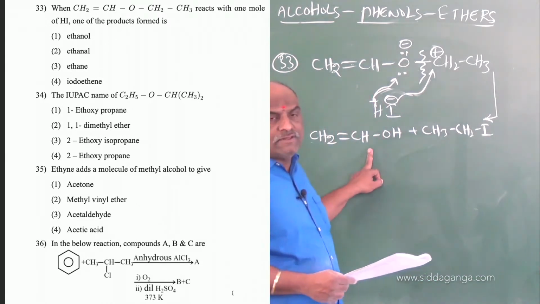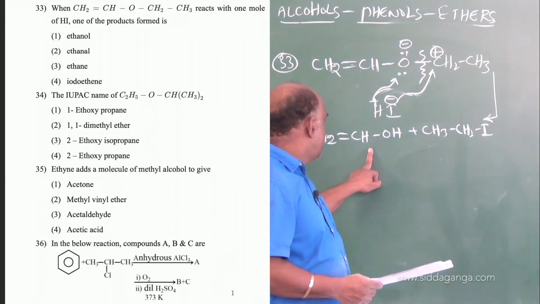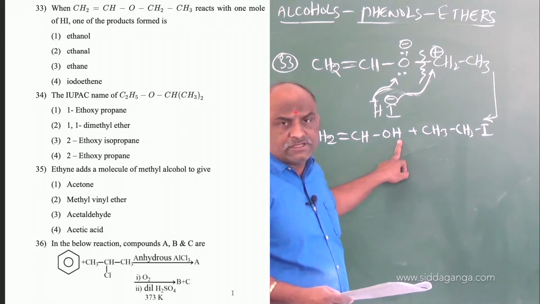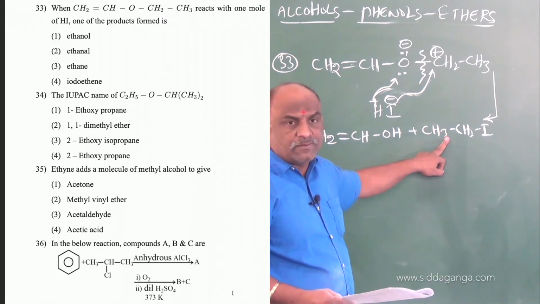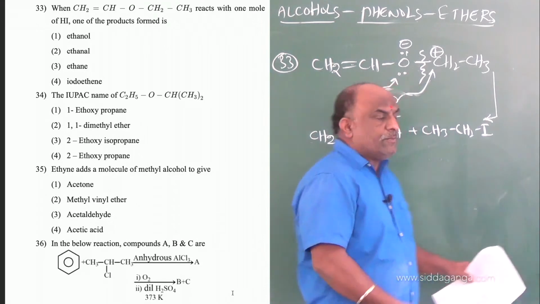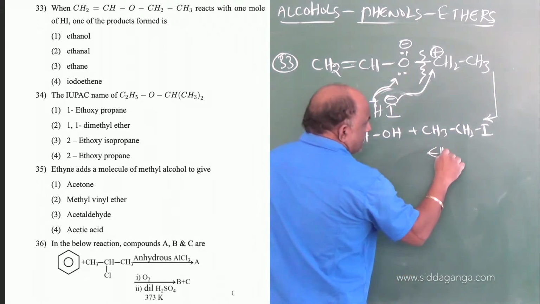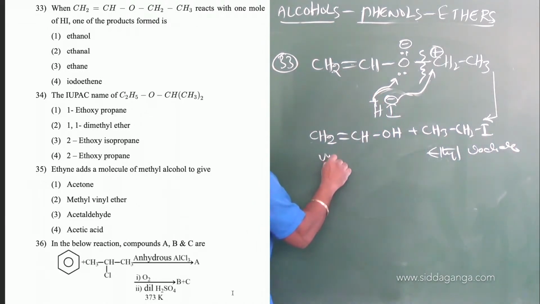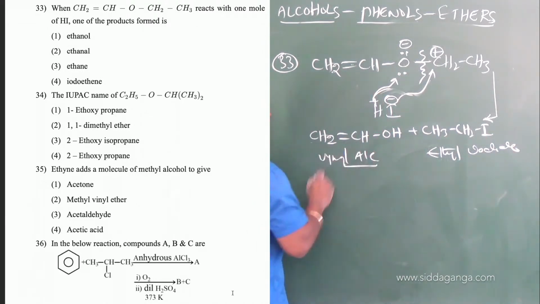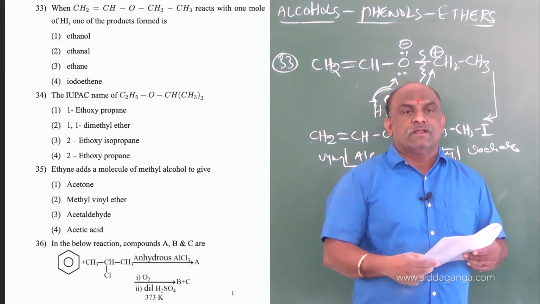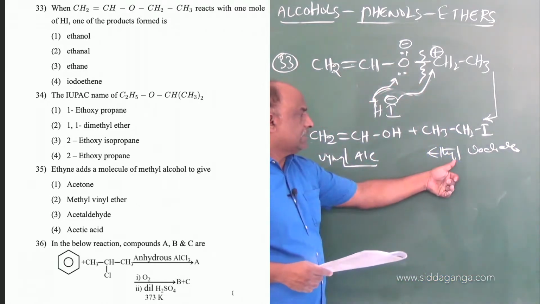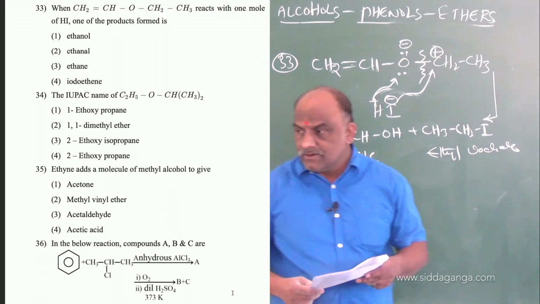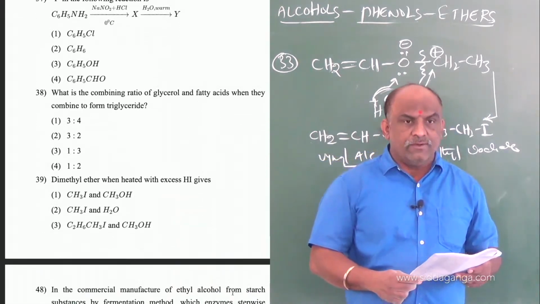If you correct option number 1 to ethenol, that is also correct, and ethyl iodide is also correct, but a proper option is not there. So make a note, students: the answers are ethyl iodide and vinyl alcohol. You should add either of these answers, ethyl iodide or vinyl alcohol.